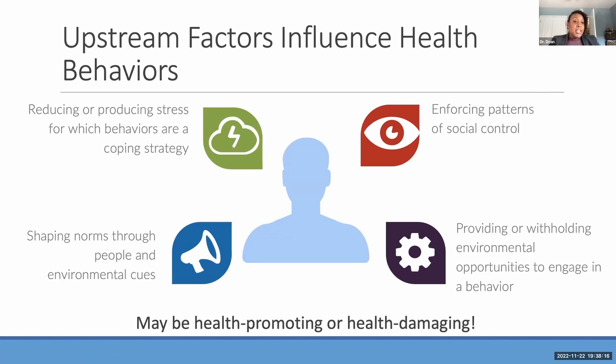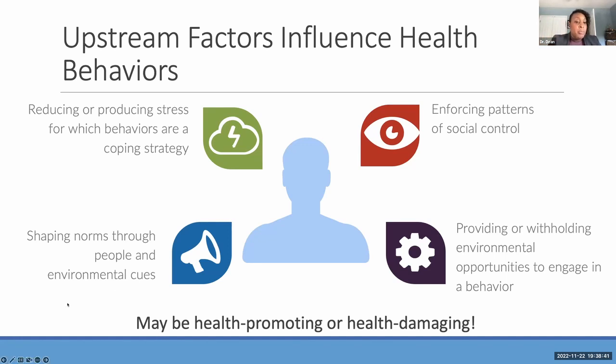So that means that these upstream factors could cause a stress response for which behaviors are a coping strategy. So for example, if you're in a largely stressful environment, that might lead you to rely on certain substances, because of the stress in your environment, and you might be doing that as a coping strategy.